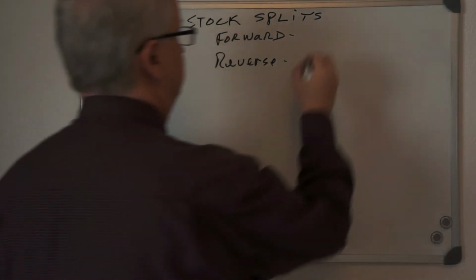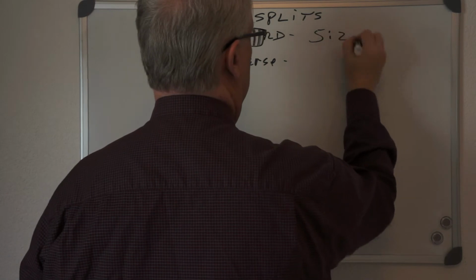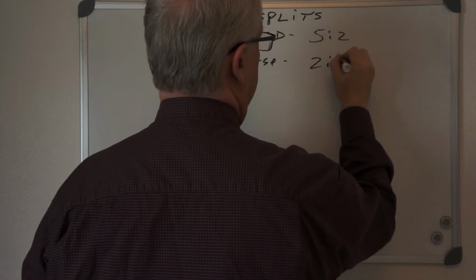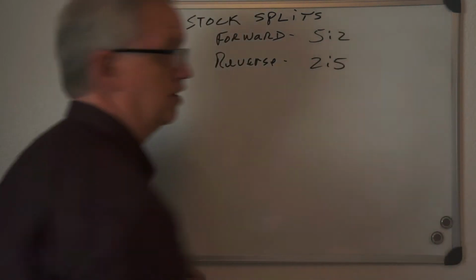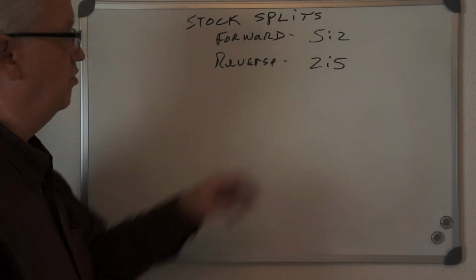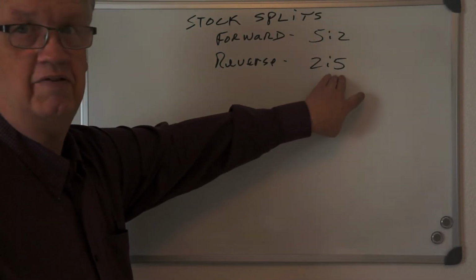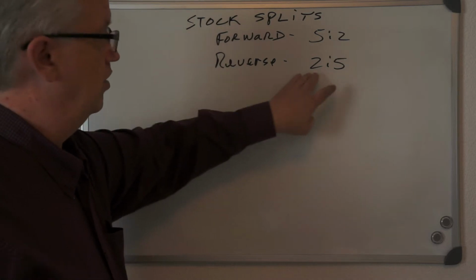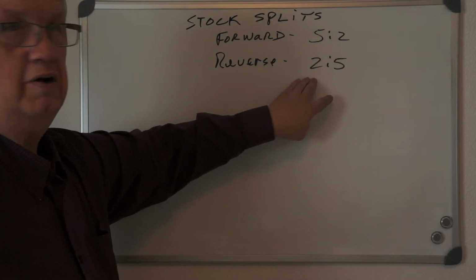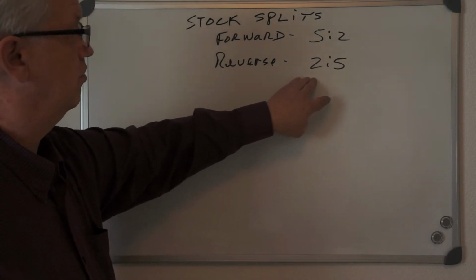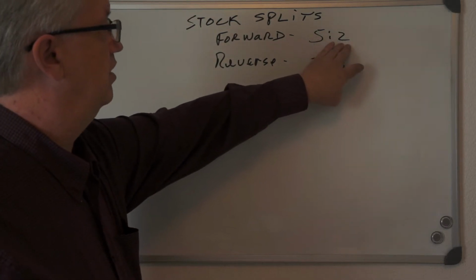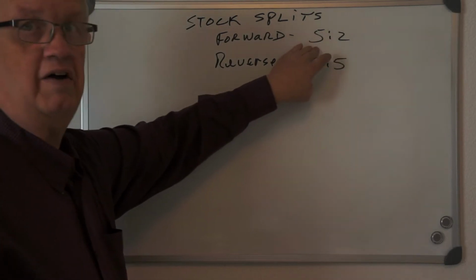So if it's a 5-to-2, a reverse would be 2-to-5. Meaning for every 5 shares that you have, in the end you're only going to own 2. Okay? For every 2 shares you have, you're going to end up owning 5 in a forward.